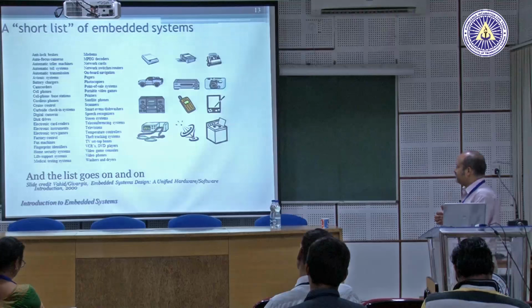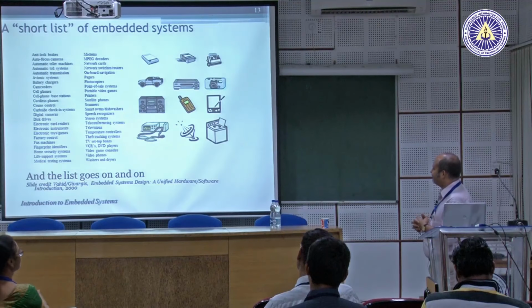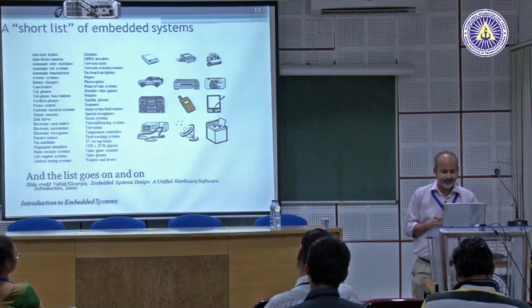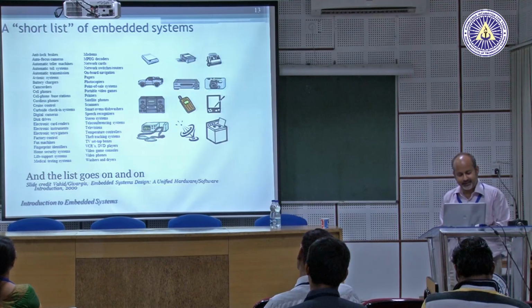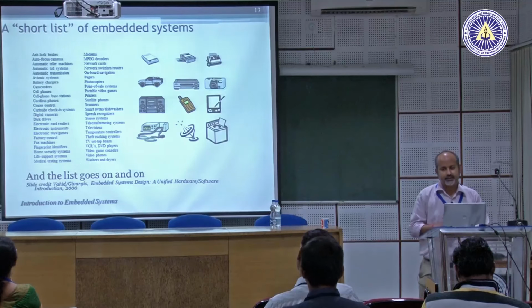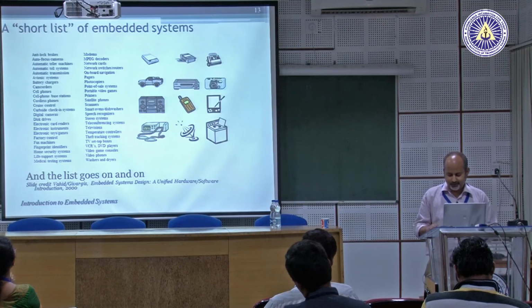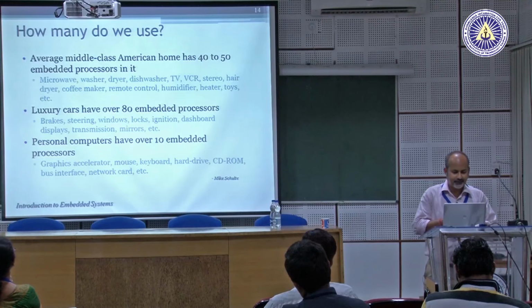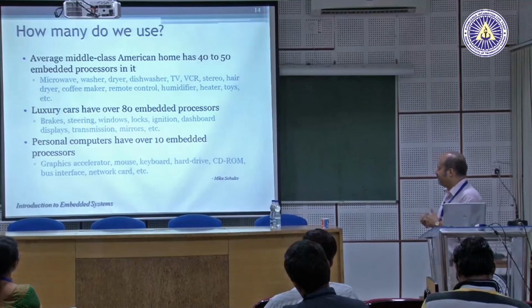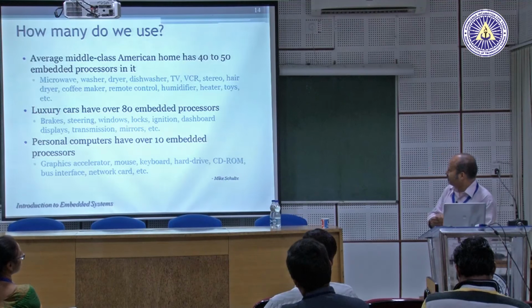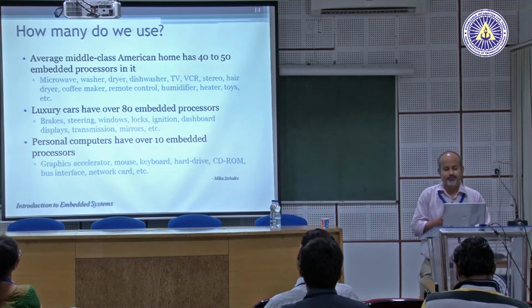Here is a list of embedded systems, and by now I have already mentioned several times that there are all these equipments around us. They are all embedded systems, so I will not dwell on this further. So the question is, how many do we use? An average middle class American home has 40 to 50 embedded processors in it.